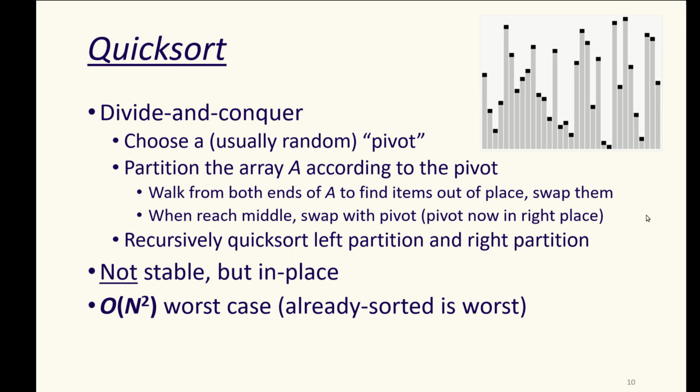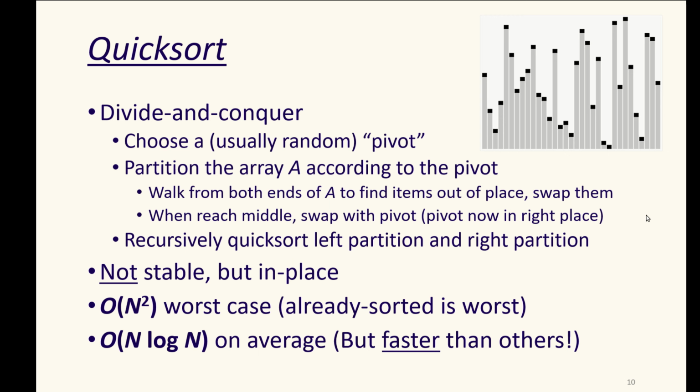So if we chose very unluckily, or in particular because the array was already sorted, we're messing up that sort and then having to redo it, then we end up with very bad behavior, O of n squared. Its average behavior is O of n log n, and in practical performance, if we are randomly selecting our pivots, it's usually a faster n log n than the other n log n algorithms, which is a bit confusing because its worst case category is worse than them.